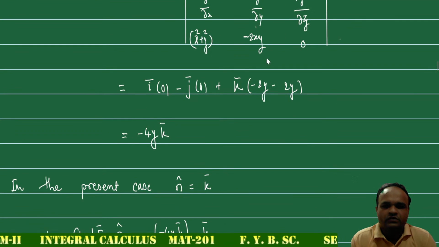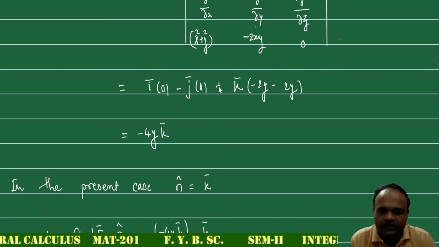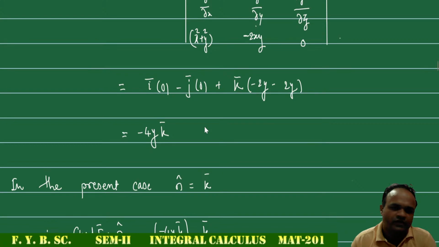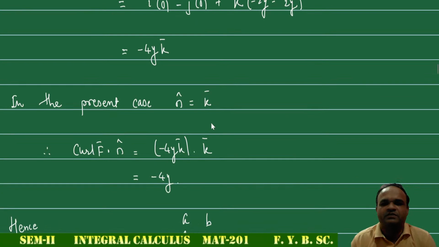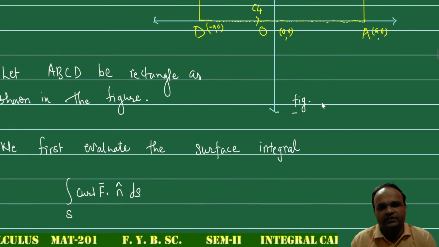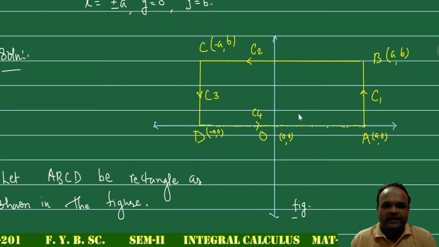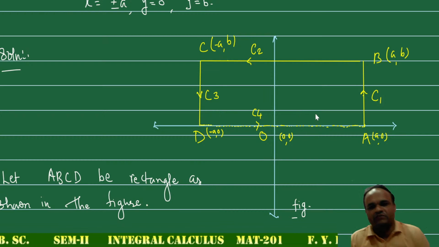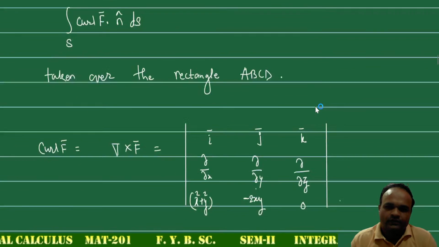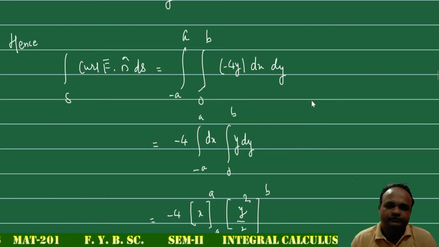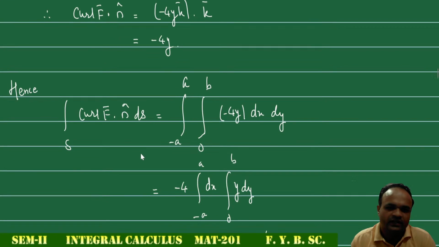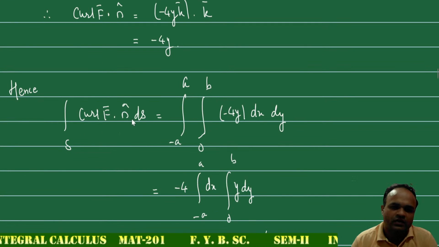After evaluating the value of this determinant, you get curl of F bar equal to minus 4y k bar. In the present case, n cap is equal to k bar, because the surface lies in the xy plane, so the direction of n cap will be along the z axis, which is perpendicular to both the x and y axes. So we'll find this surface integral of curl of F bar dot n cap dS.